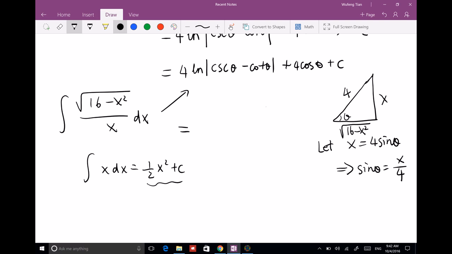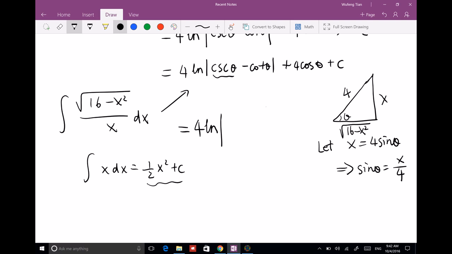Very good. This is what I'm doing here. Now, if I draw a triangle here, then I can transform the function of theta with respect to x now. That's a very good point. Okay, so now I can just do the cosecant theta. I can express the cosecant theta by the function of x, by the variable x now.